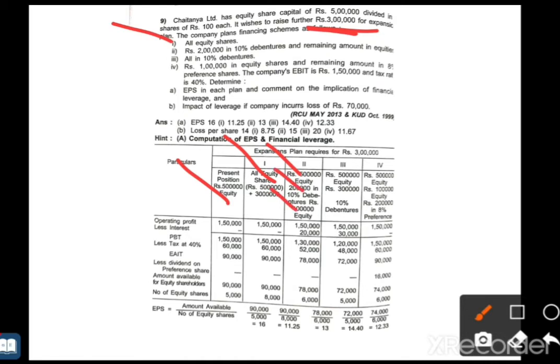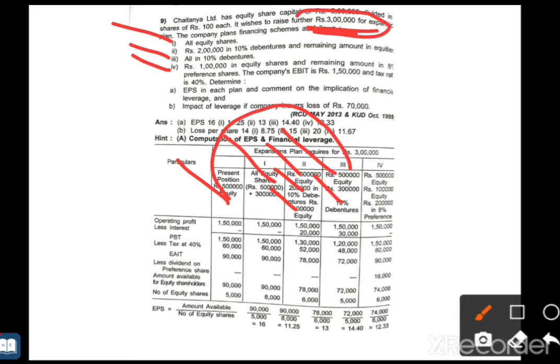That is how we split the capital structure in plan 2. In plan 3, again the old existing capital of 5 lakh rupees will be carried forward, but as per the information, all is in 10% debenture. Whatever 3 lakh rupees is entirely debenture: 5 lakh rupees equity shares and 3 lakh 10% debenture.